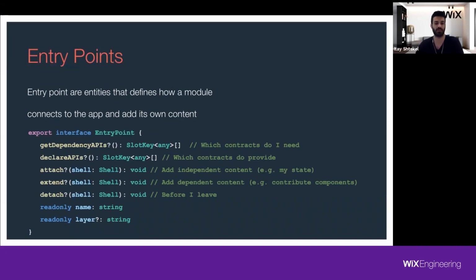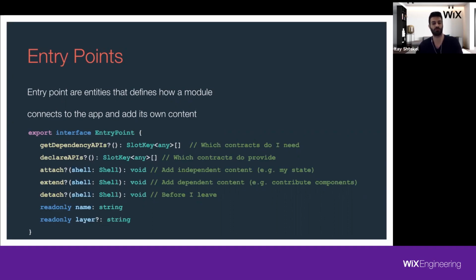So if we examine the interface of an entry point, we can define a get dependency API, which contracts we need to be fulfilled in order for our own module to be able to run. Then we can declare our own API, which contracts we are going to provide to the application so others can rely on our service. Then we have attach and extend in order to add our content to the system.